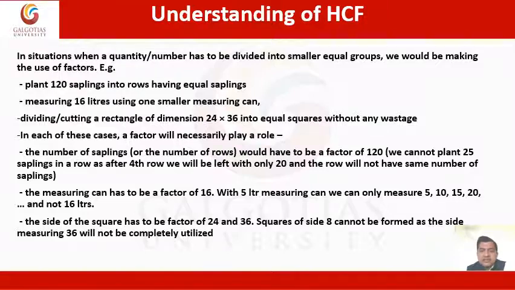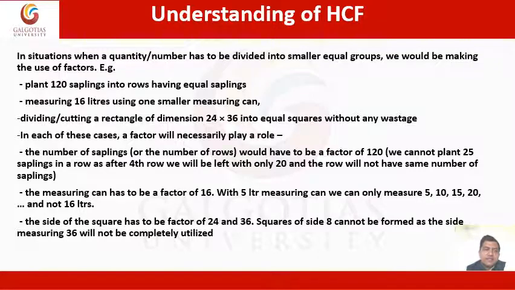What are these numbers with respect to 16? These are nothing but the factors of 16. Factors of 16 are 1, 2, 4, 8, and 16. So we can easily take the volume of the can as this measurement.